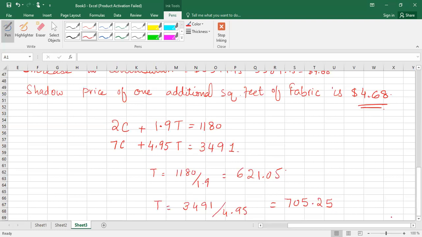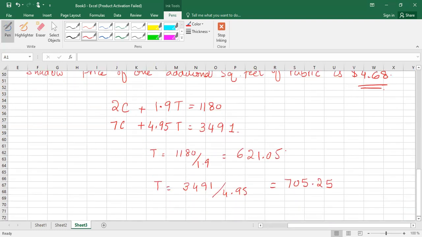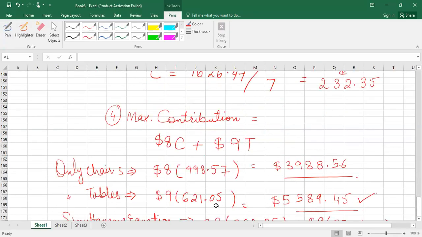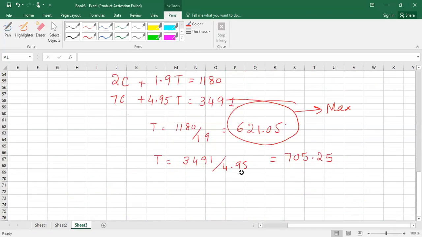This additional resource is not going to add contribution, because the maximum we can produce is 621.05, and with 621.05 we are already done with the contribution. So this additional resource is not useful in this situation.